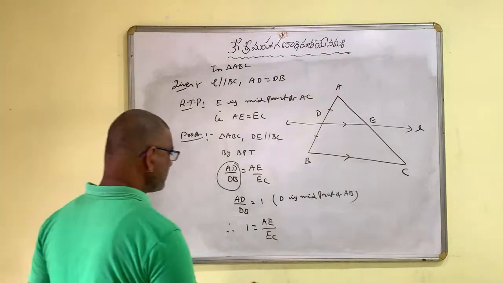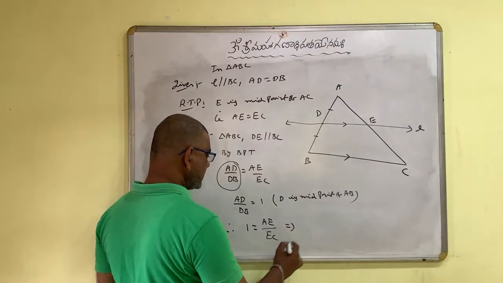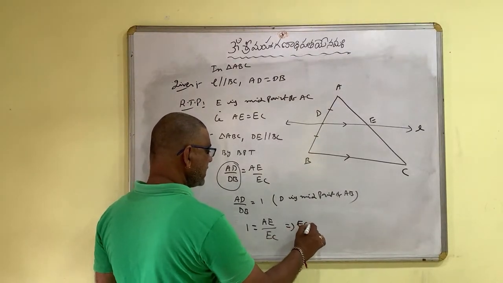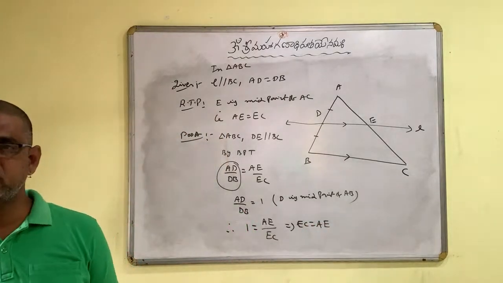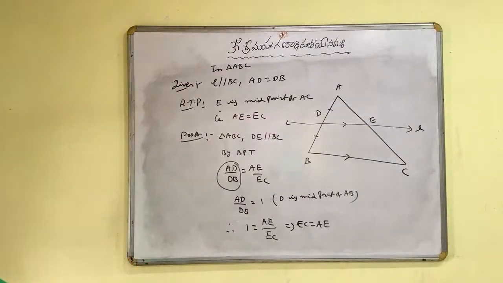Now, from this what can we write? EC is equal to AE.